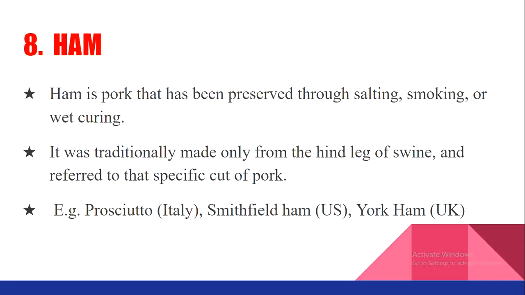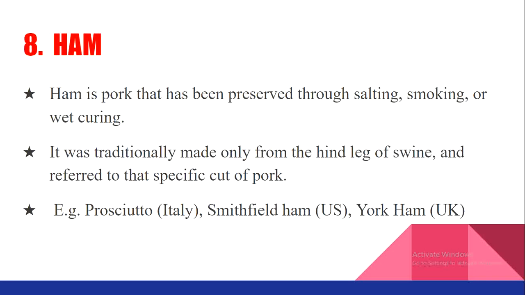And some of the famous hams are prosciutto from Italy. That is actually the Parma prosciutto, the kind of ham which is prepared in the Parma region of Italy. And Parma prosciutto is considered the most famous ham. And similar to that one, we have Smithfield ham from the US and York ham from the UK also.